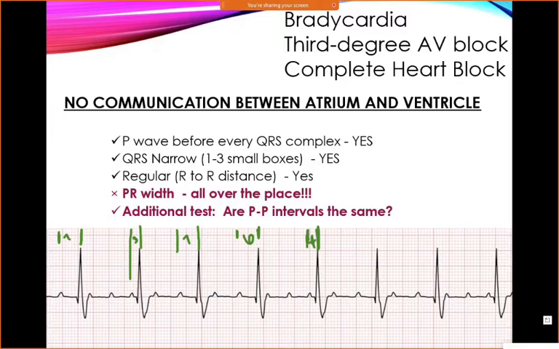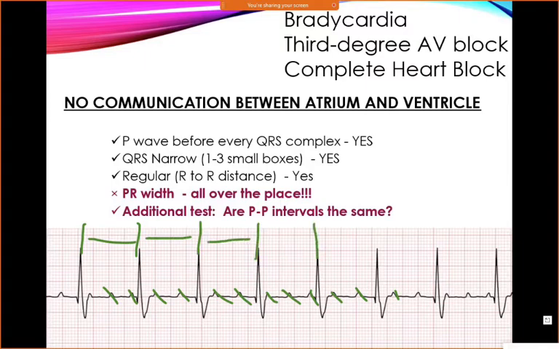So we have to do an additional test and see if they're just not communicating, which is actually what happens here. So if we took out all the P's, let's take out everything that we think is a P. These match. This is regular. So we're regular there.